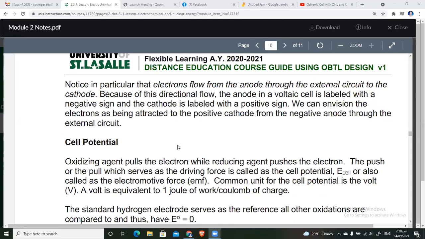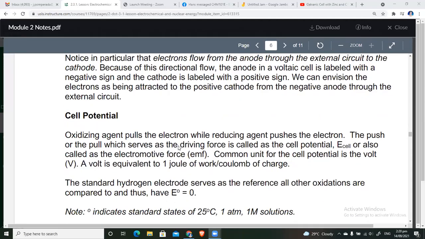And how do we measure that electrical energy production? It's measured in the form of what we call the cell potential, our voltaic or galvanic cell potential. Okay? Now, oxidizing agents pull the electrons, while reducing agents push the electrons. So you can picture it.